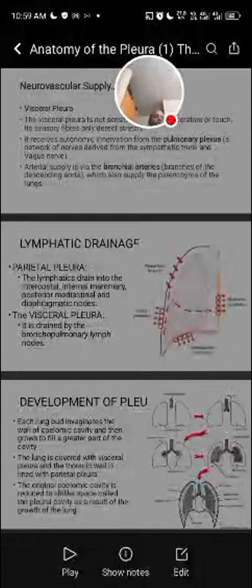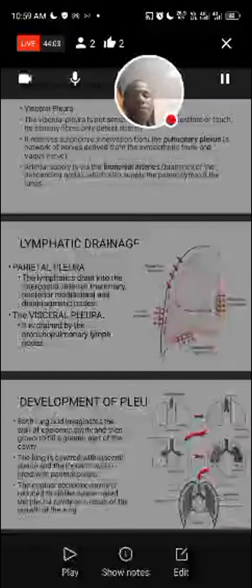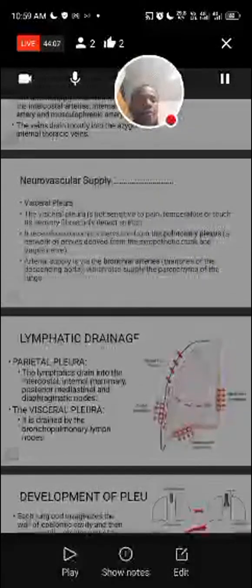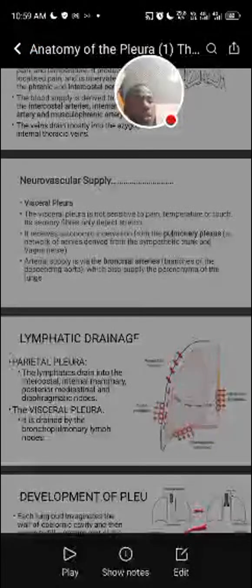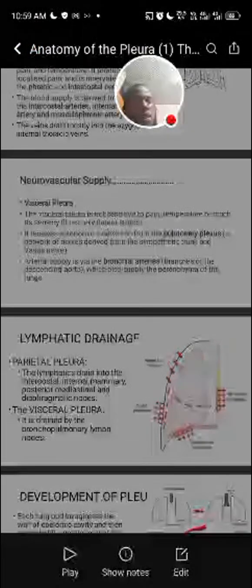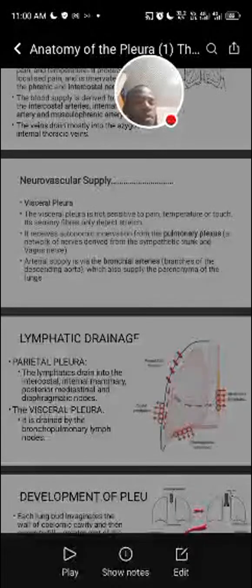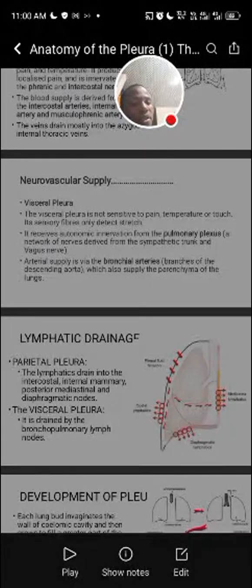Okay, that's just a summary of what we have done so far. Then we also talk about the venous drainage. This is blood supply. The venous supply, we said, drains into what? Intercostal vein.